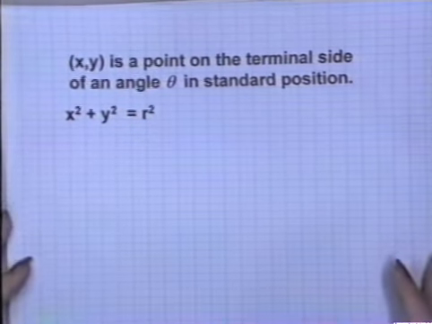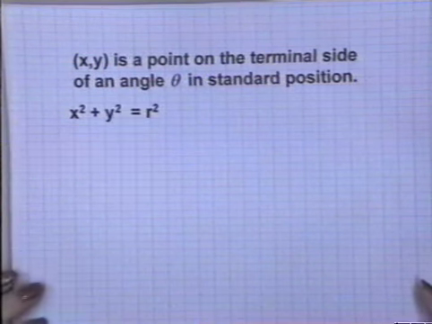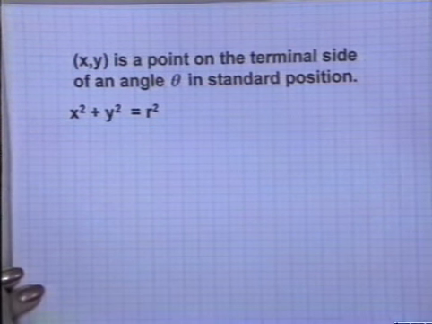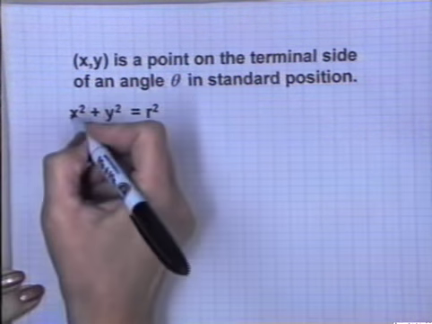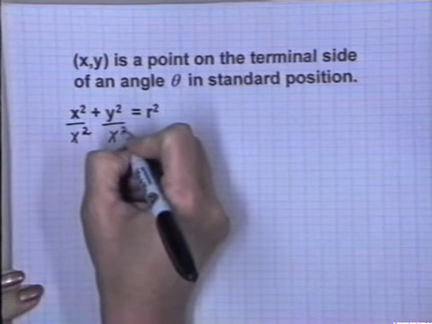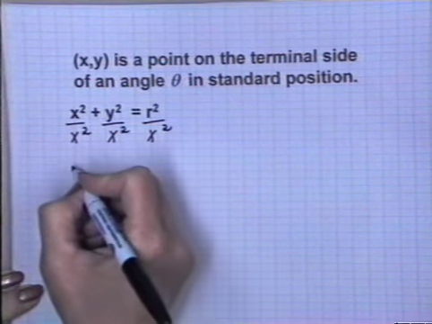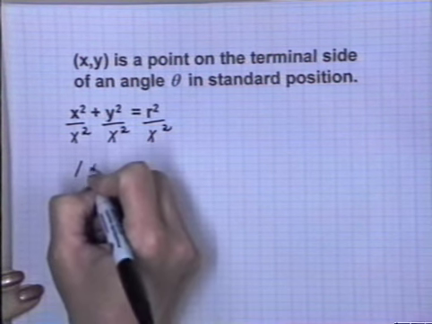Okay, this time we start with the same (x, y) point on the same angle theta, but this time instead of dividing through by r squared, let's divide through by x squared. And so x squared divided by x squared is 1.